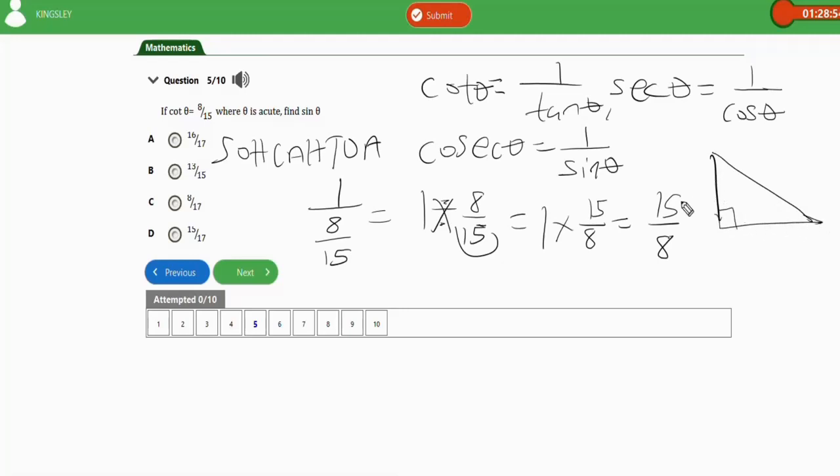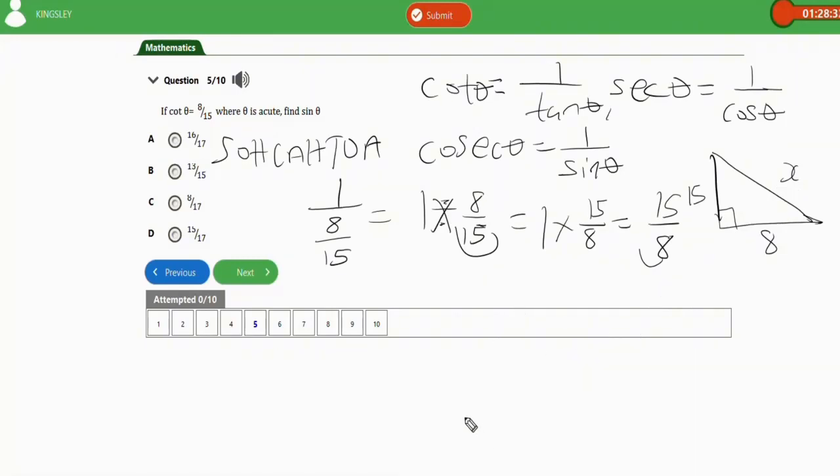Now that we have simplified cot theta to give us this expression, our opposite is now 15 and our adjacent is now 8. So you are looking for the hypotenuse side.